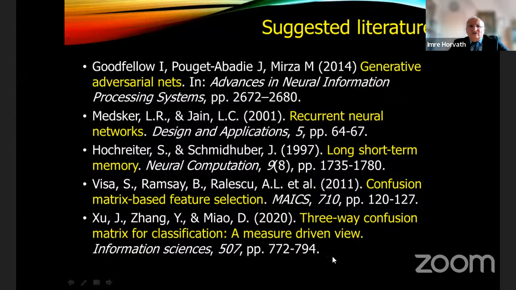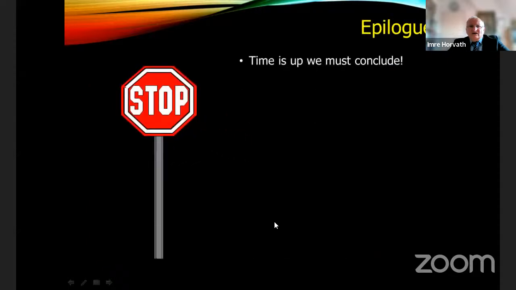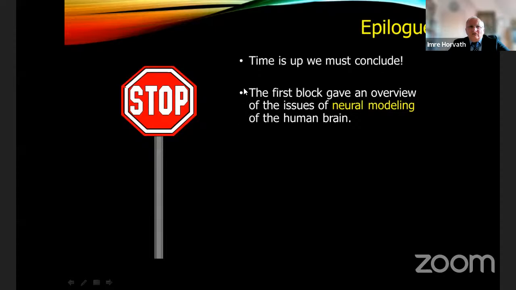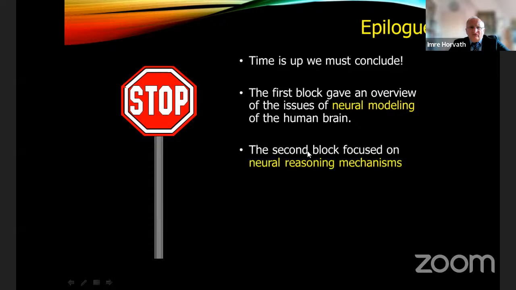So as a conclusion, I would like to remind you that the first block tried to give an overview of the issues of neural modeling of the human brain.